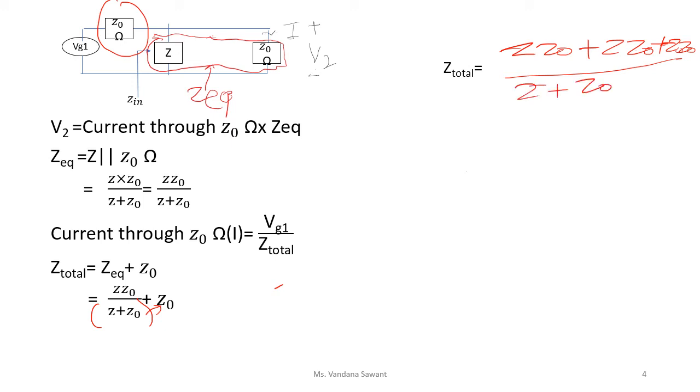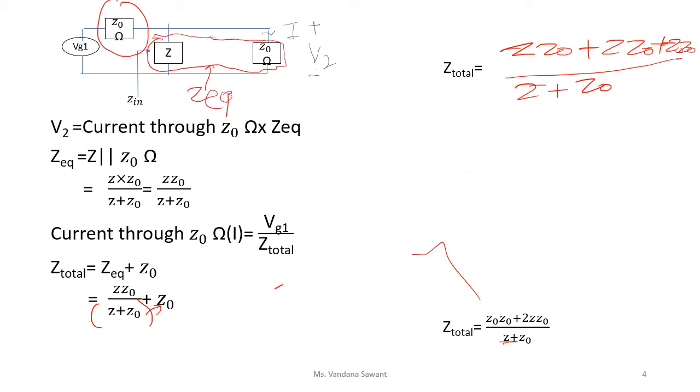So this Z plus Z0 will become twice Z0 and twice Z plus Z0 into Z0 divided by Z plus Z0. So this is your Z total.